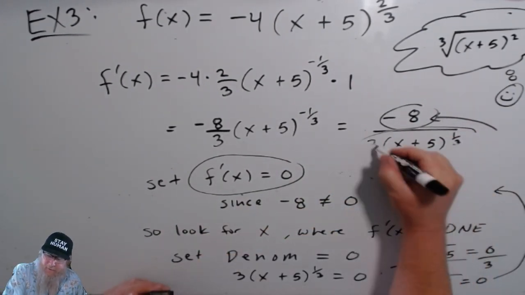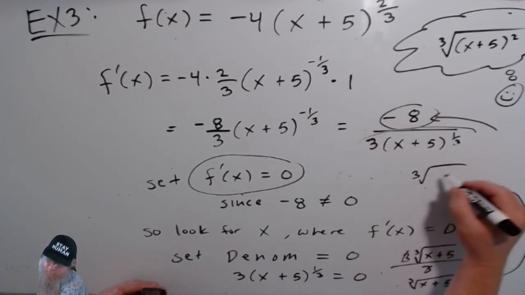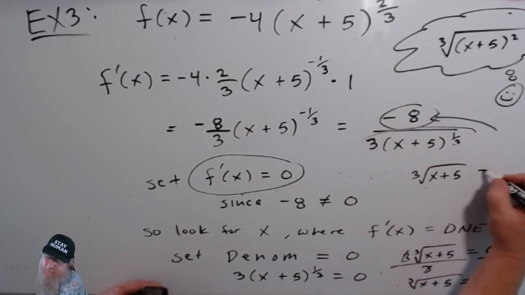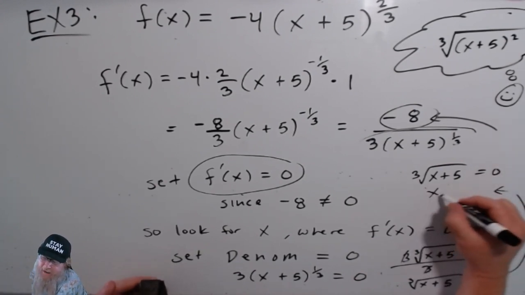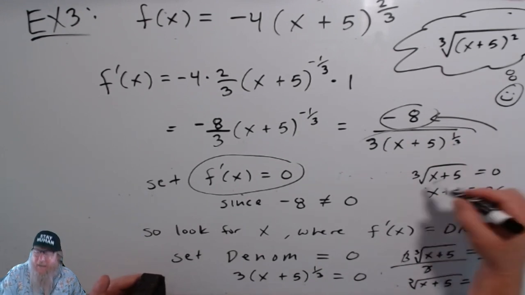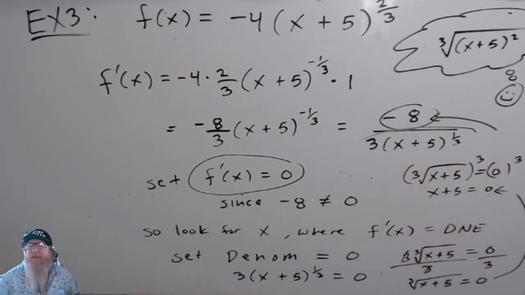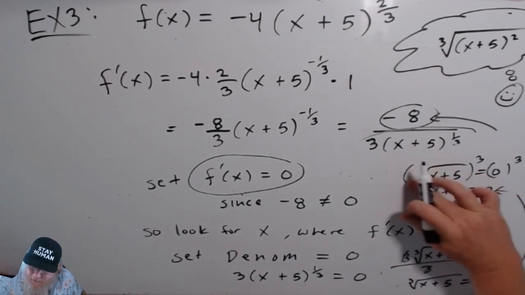I have a hard time doing that. I always want to show the steps. So the cube root of x plus 5 is equal to 0. So x plus 5 is equal to 0. You cube both sides, and that cancels the cube root.